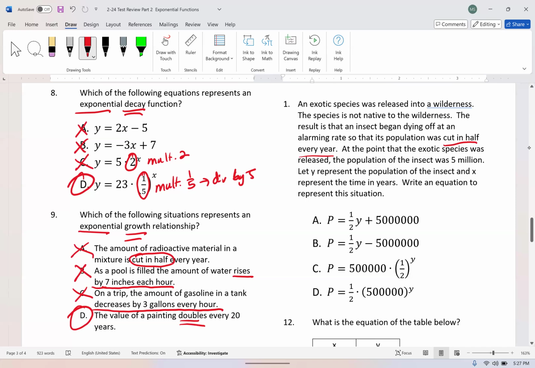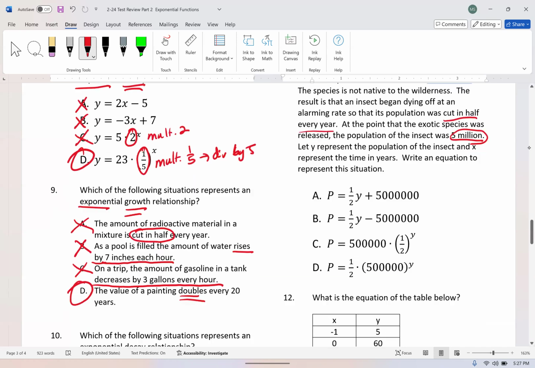At the point the exotic species was released, the population of the insect was 5 million. So 5 million is your starting value. Let Y represent the population of the insect and X represent the time in years, excuse me. Write an equation to represent this situation.